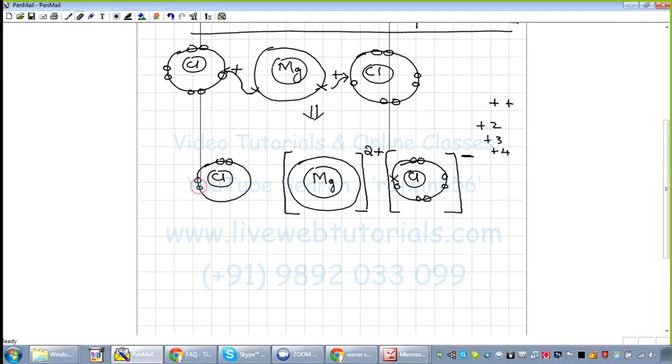This will be your second chloride ion. That will also have a single negative charge. This is the formation of the molecule of magnesium chloride, that is MgCl2.